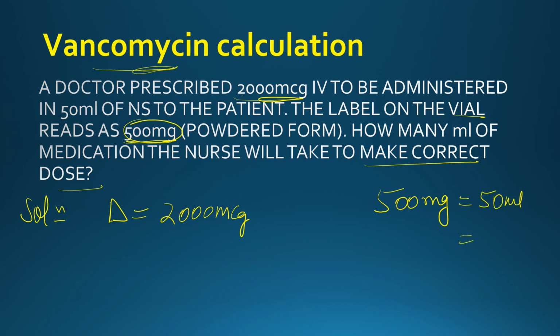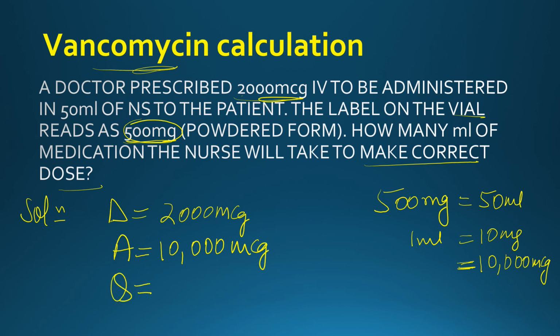Okay, so 1 ml will give us 10 mg, right? And if we convert 10 mg to microgram, then we will get 10,000 mcg. Okay, so available dose is 10,000 mcg.